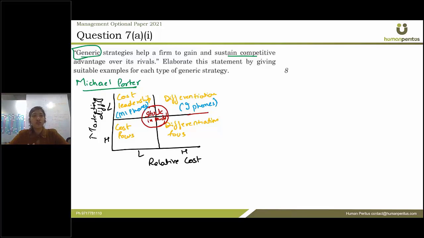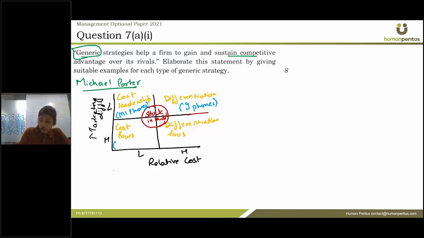When we compare MI phones with iPhones, iPhones have a particular type of differentiation, but the cost of producing those phones is high, and they are expensive, but they are differentiated from all the other phones available in the market, because of special features not available in any other phone. Other phones have Android software, while Apple has iOS, so it is different from the other phones.